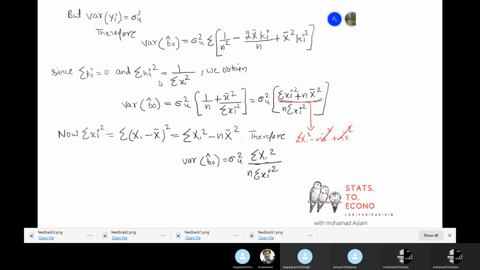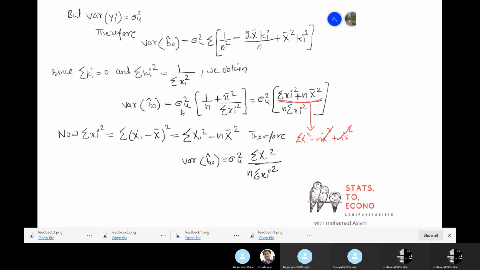This we proved last time in the beta 2 hat derivation. If anyone has doubt, you can ask. Just revise that derivation. Put the value of ki, that is xi upon summation xi square, and take its square, and we'll get this value. Now the variance of beta 0 hat is sigma square.